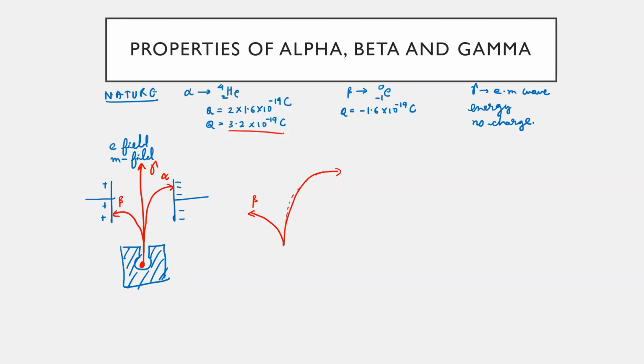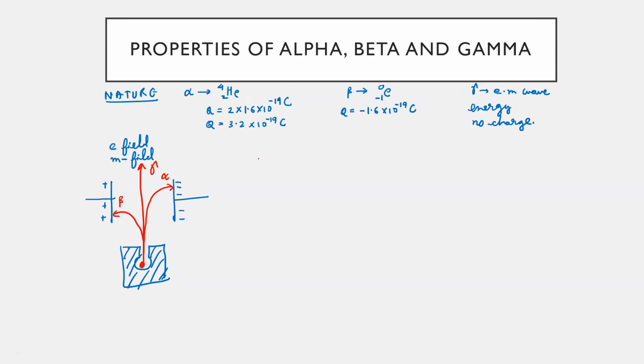Alpha has more charge than beta, but still alpha deflects less because alpha is very heavy, much, much heavier than beta. So while drawing the diagram, if you draw alpha the same as beta, that will be marked wrong. You need to be careful about that.